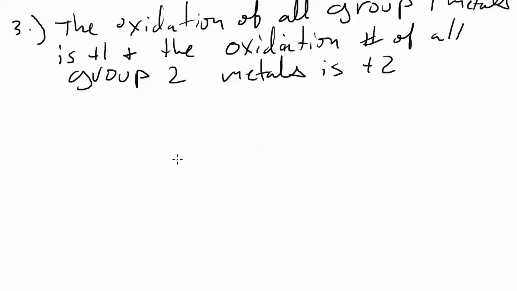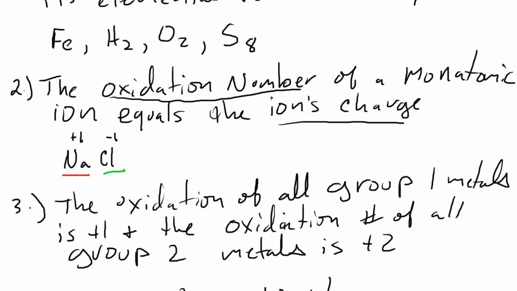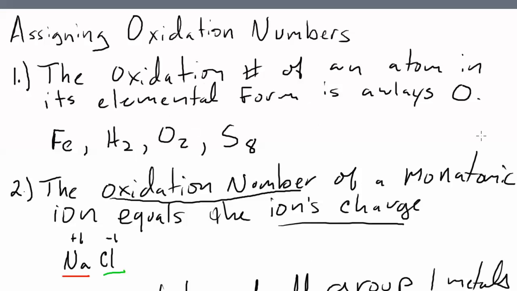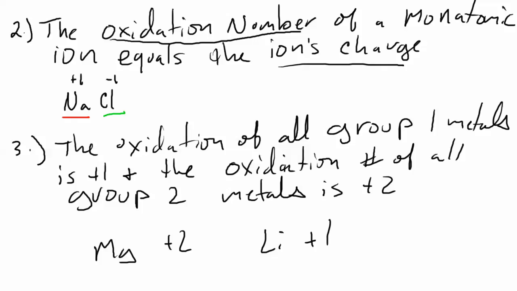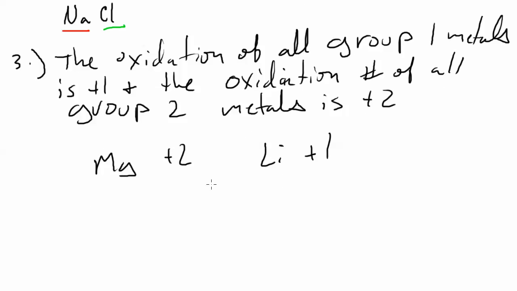So anytime you see magnesium in a compound, you know its oxidation number is +2. Anytime you see lithium in a compound, you know its oxidation number is +1. That's in a compound, not by themselves, because if they're by themselves, their oxidation number is 0. So this is only when they're in a compound as an ion.